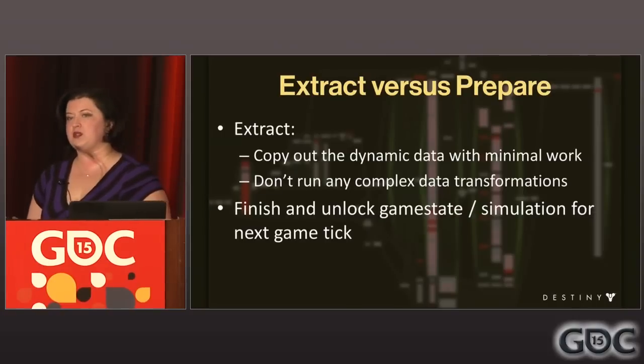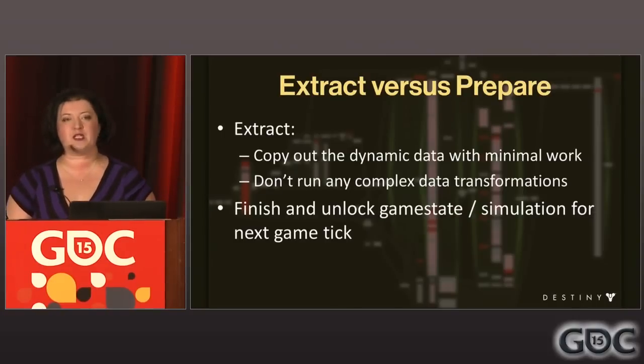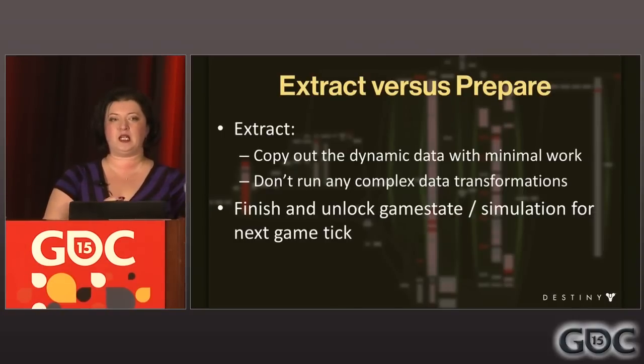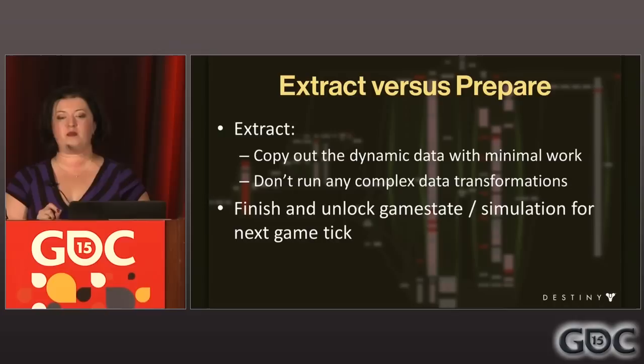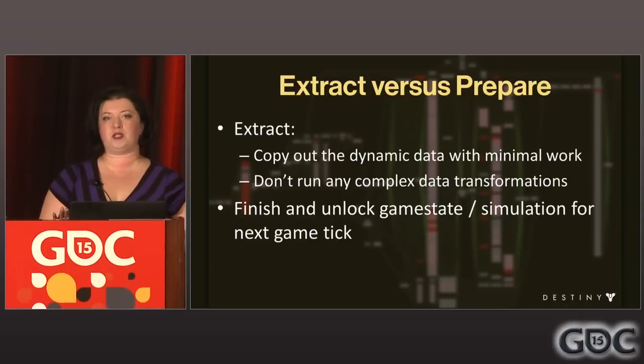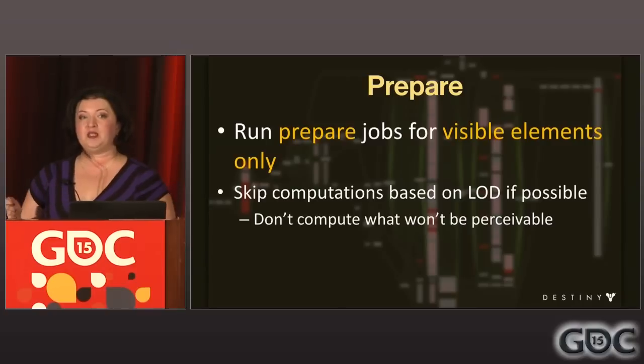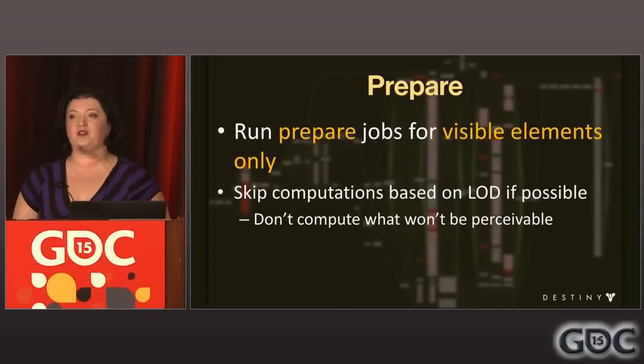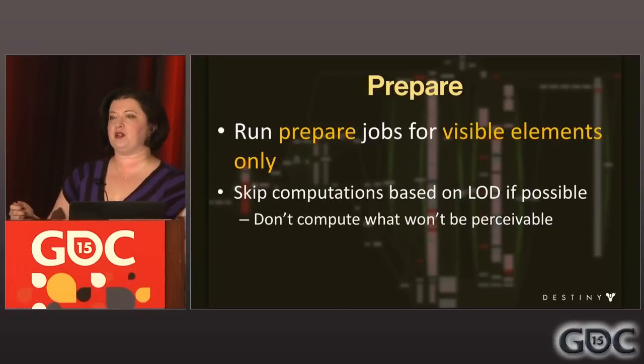Next, we're going to also slim down extract by only focusing on taking data out of game state and ignoring it for that phase. Copy out the minimal amount, and don't do any complex transformation, to unblock the simulation. Now, we need to convert this data into a GPU-friendly format, and we do this during prepare phase.